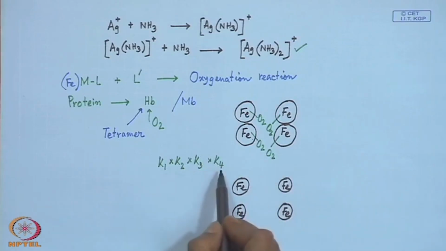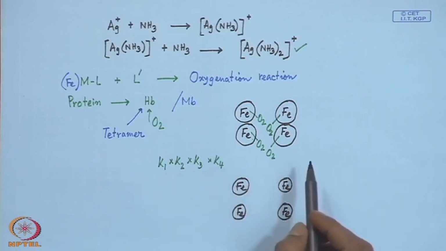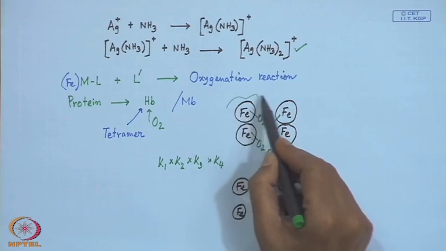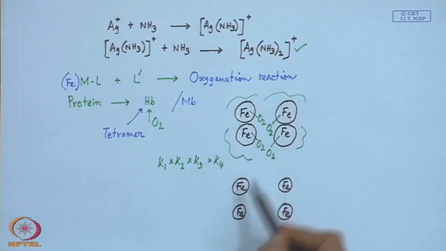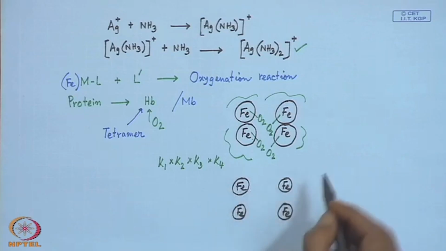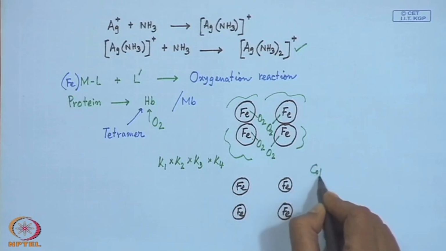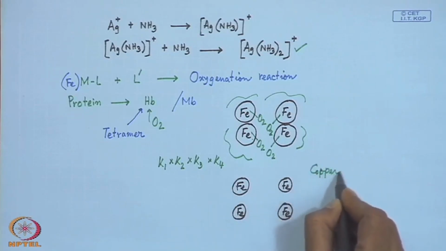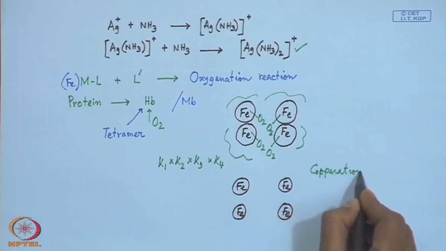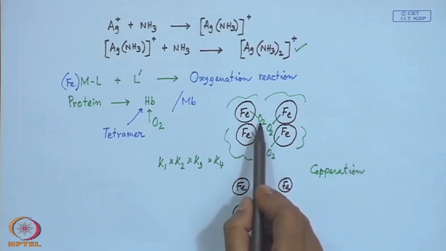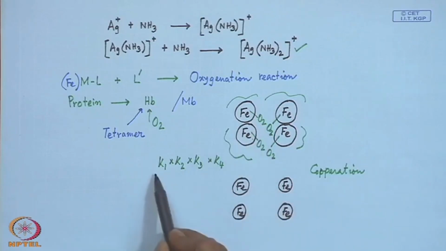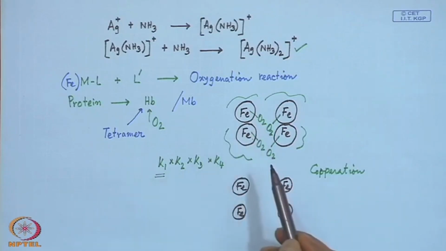So, how these values are interrelated will be seen if we know the corresponding protein envelope of the entire tetrameric structure. There will be a cooperativity, that means cooperation takes place when the first center is getting oxygenated, that means when K1 is there.